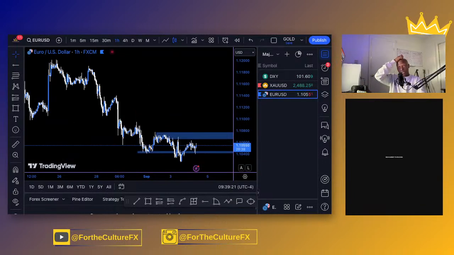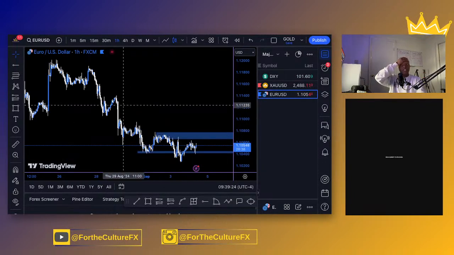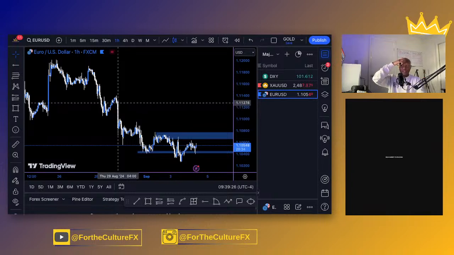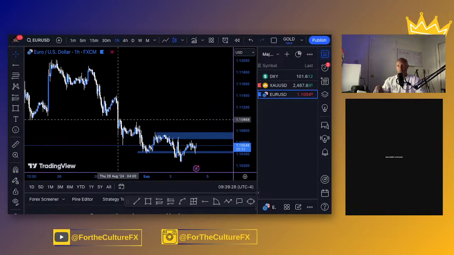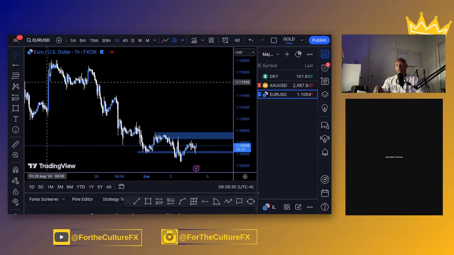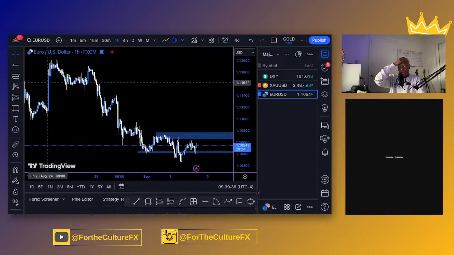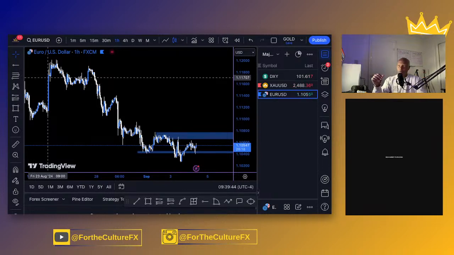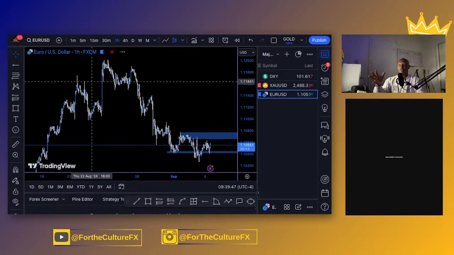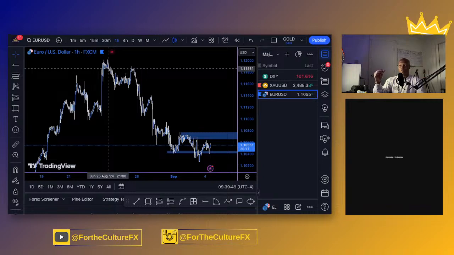For EUR, the best time of volume is generally the London session. You can see this was a London session move here, and in the New York session, this was like, I think it was CPI. It couldn't have been CPI, CPI is generally on Wednesday, I think. I don't know what it was, but I remember we had news that day, and that's why we got this explosive move to the upside.